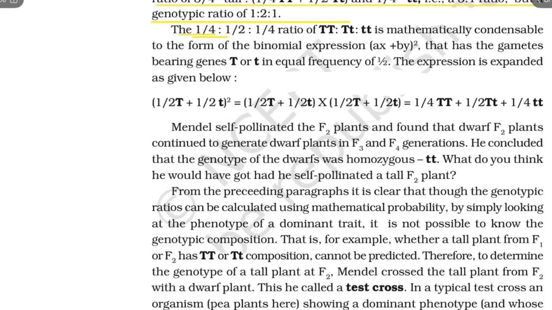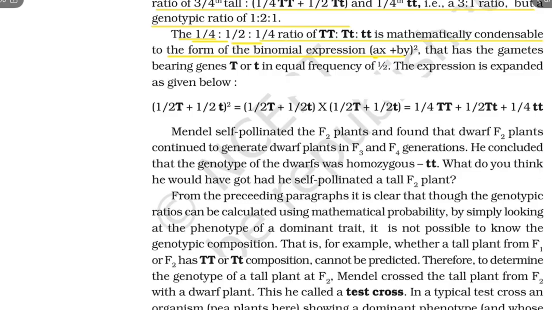The 1/4, 1/2, 1/4 ratio of TT, Tt, tt is mathematically condensable to the form of the binomial expression (ax plus by) whole square, where the gametes bearing genes T or t are in equal frequency of 1/2.